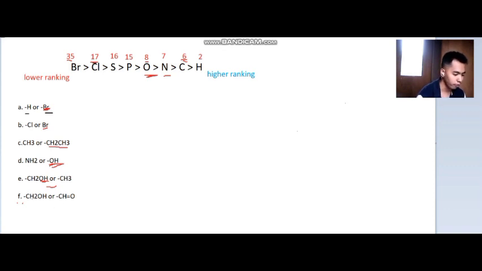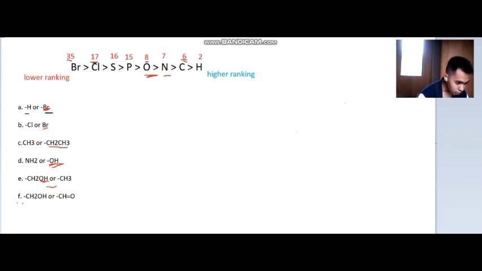In F, we have CH2OH versus CH double bonded with O. You might say that CH2OH is higher, but we need to remember that a double bond means that the bonded atom is counted twice.